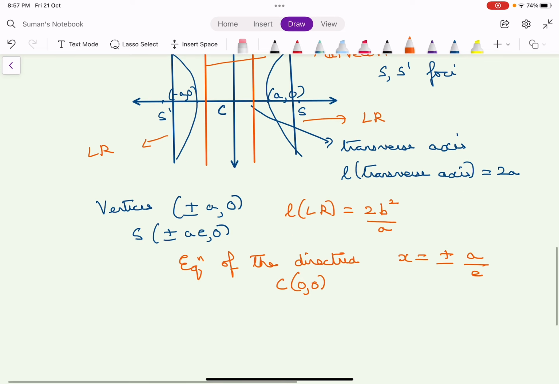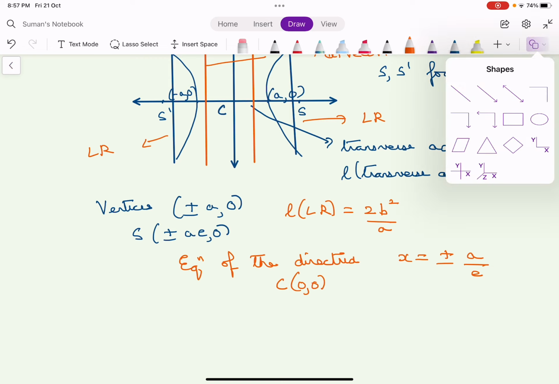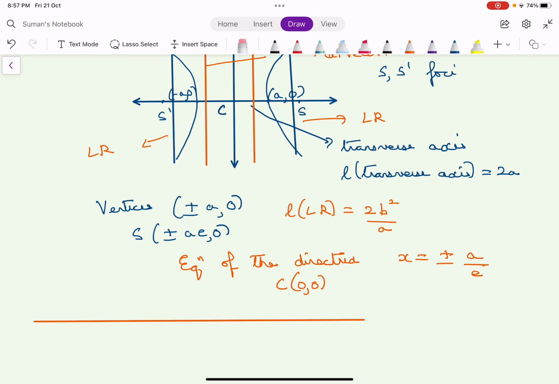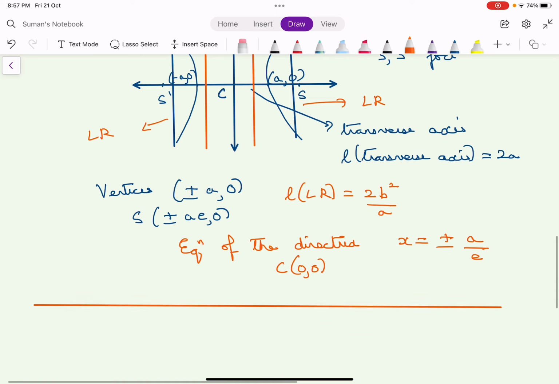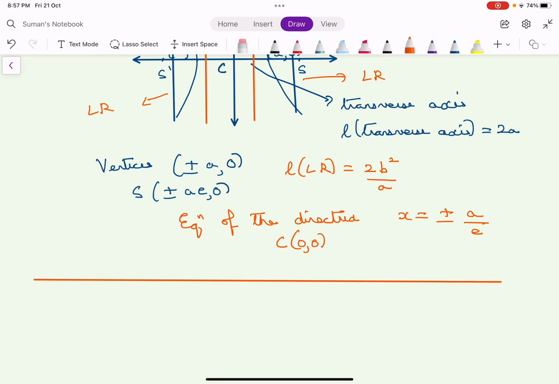Now we come to the second type of the curve, and that is y squared by a squared minus x squared by b squared equal to 1, where again a greater than 0, b greater than 0, and b squared remains a squared into e squared minus 1.